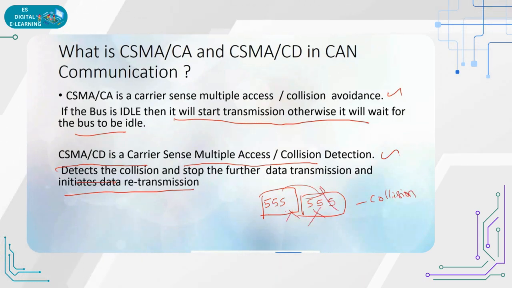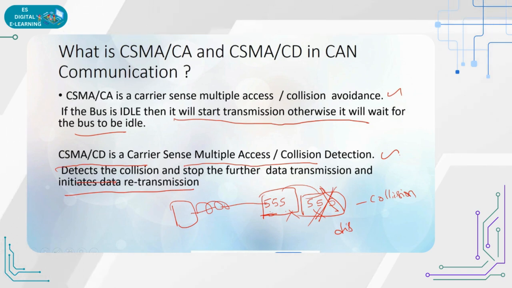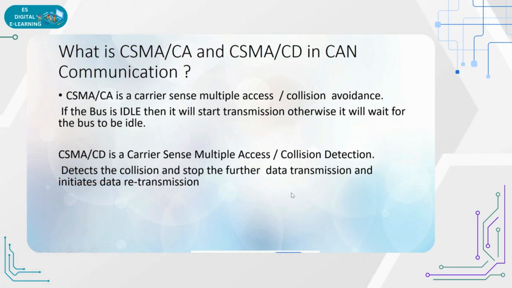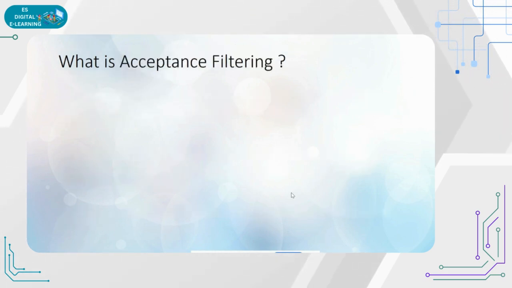At that time, one node will be discarded and the other node will be in idle state. Then it will retransmit the messages. That will happen with the help of this method. It is used to avoid collision and data corruption.